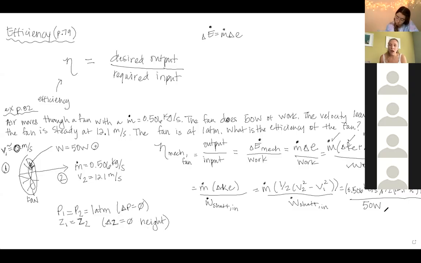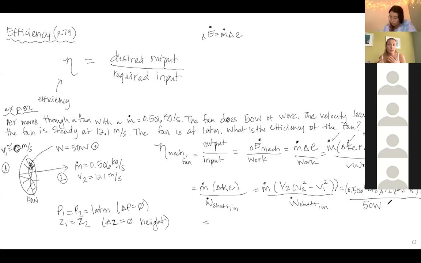What are units of watts in terms of kilograms and seconds? Isn't it like kilogram meter squared per second cubed? Yep, second cubed, right? So here we have kilogram, meters squared, second squared, so second cubed. So our top value gives us kilograms meter squared per second cubed, and our bottom value gives us watts.